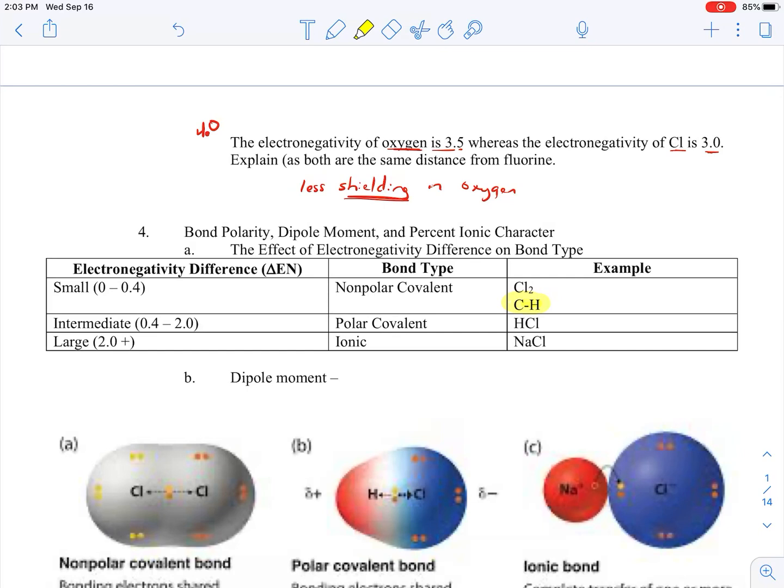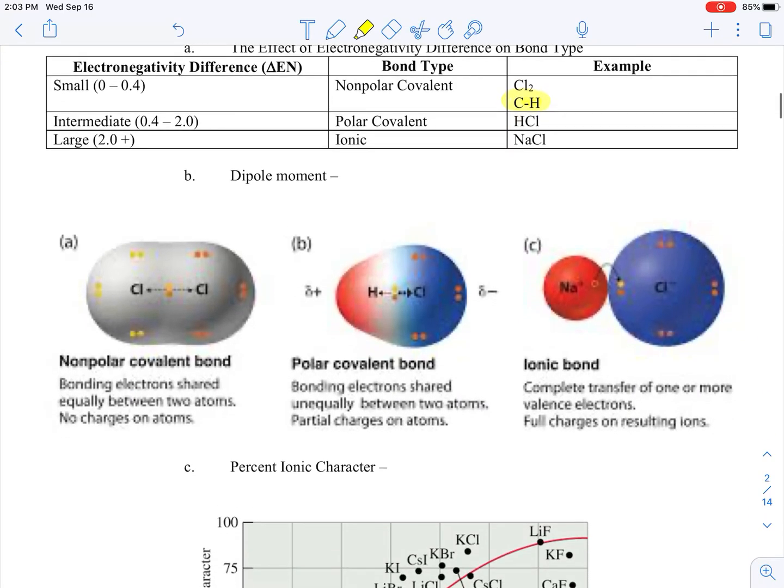So if we look at this little picture below, we'll get back to dipole moment, but let's look at the picture first. See how with chlorine, they're sharing equally, so there's no electron density around it. Then if we look at the polar covalent bond, we have H, which is not very electronegative, and chlorine, which is very electronegative. So the electrons are spending more time at the chlorine atom, creating this slight negative charge.